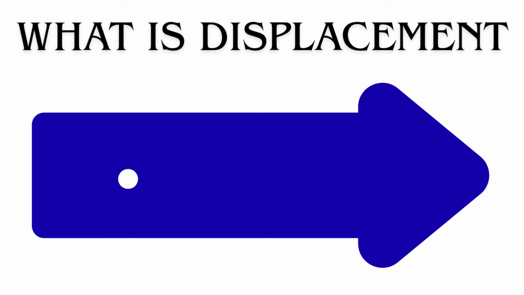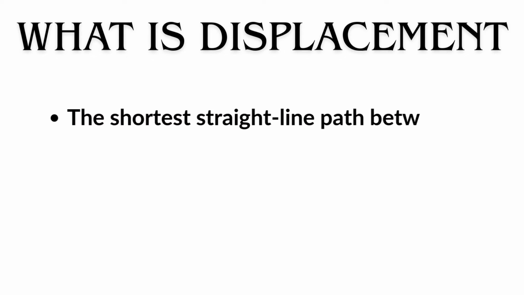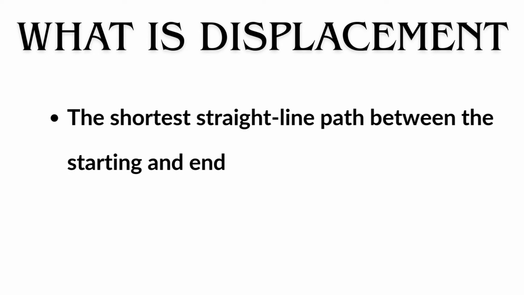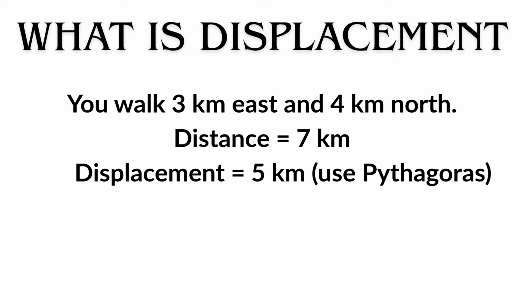There is no direction in distance. Now talk about displacement. The shortest straight line path between the starting and the ending point. Means you have to go from point A to B. The path you covered is called distance. But when you choose the shortest possible distance in a straight line, it is called displacement.